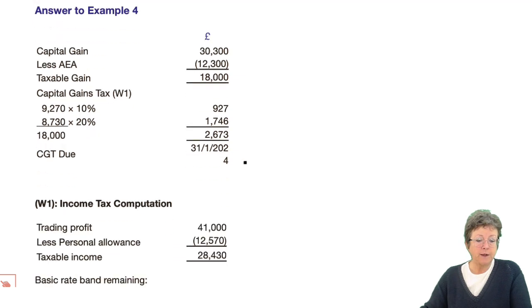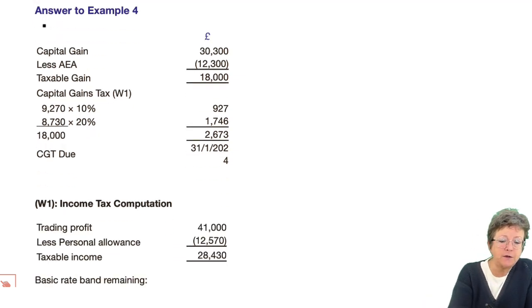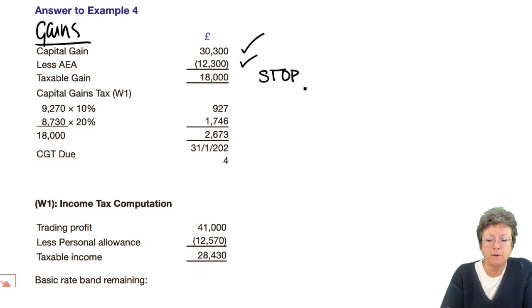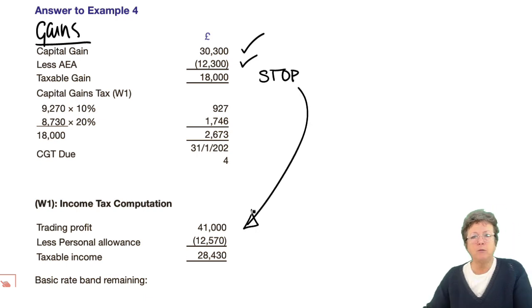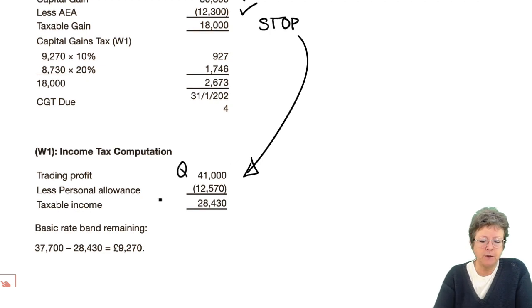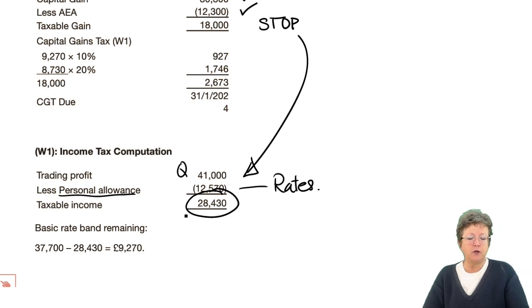So the capital gains, so this is the gains that has been worked out, copied from the question, the gain, less the annual exemption, gives you the figure, and then stop. Go and work out how much basic rate band she's got left. So you've got the trade profits from the question, less the personal allowance, which you will have checked from the rates, giving us 28,430.